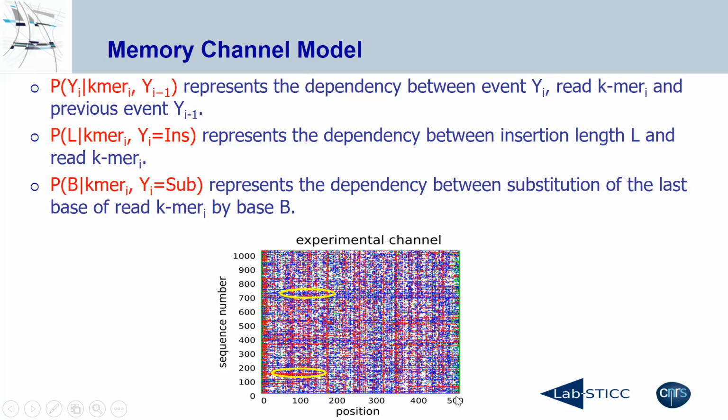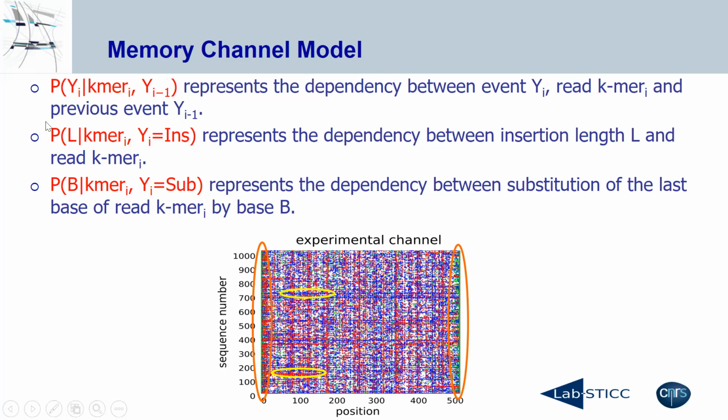So after designing multiple channel models to try to approach the experimental channel results, we finally used the memory channel model, which is based on a Markov chain with a memory of order k.